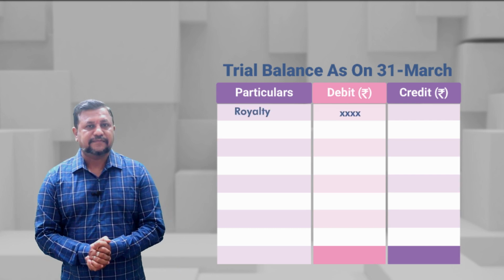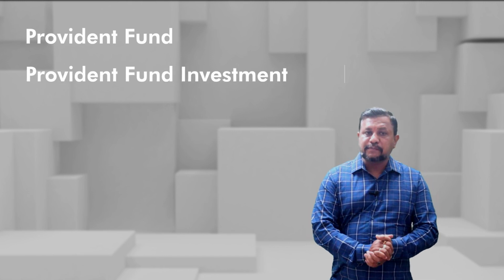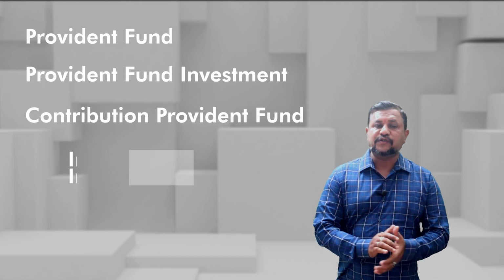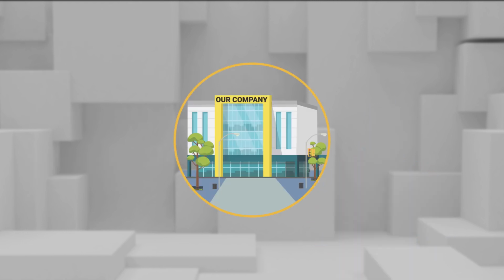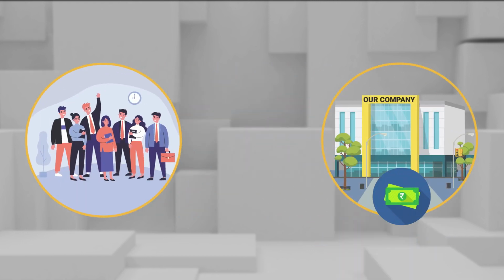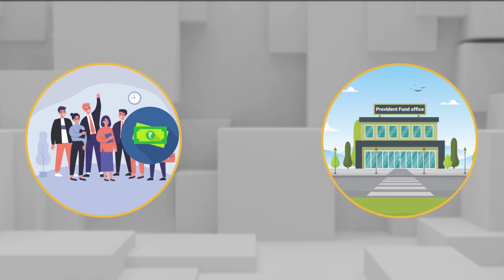Now we'll discuss a group of 4 items: provident fund, provident fund investments, contribution to provident fund and interest received on provident fund investments. Say there is one company, it pays a certain amount of salary to employees. Now from that salary, it deducts a certain amount which goes towards the provident fund of employees.